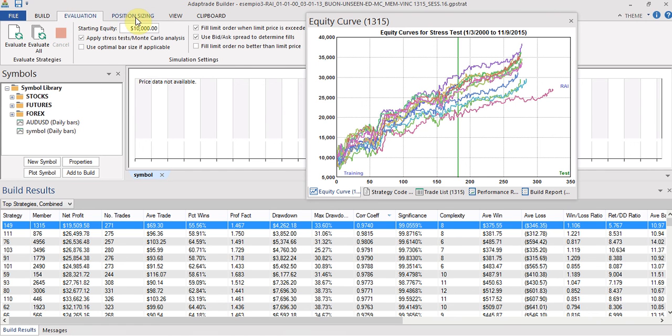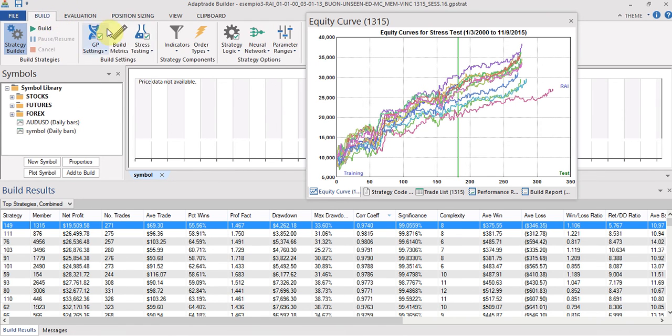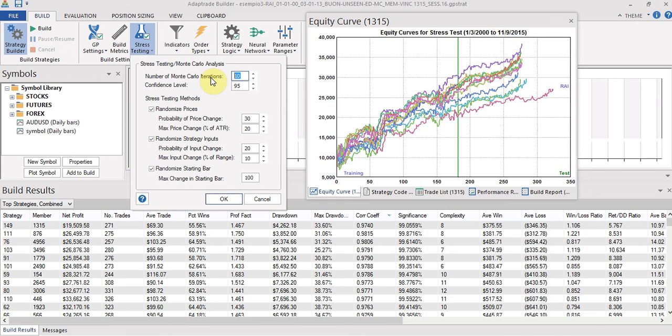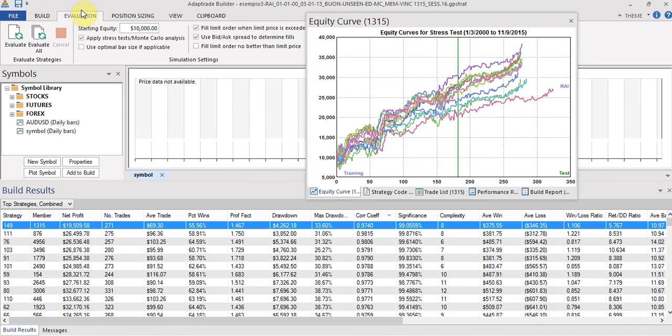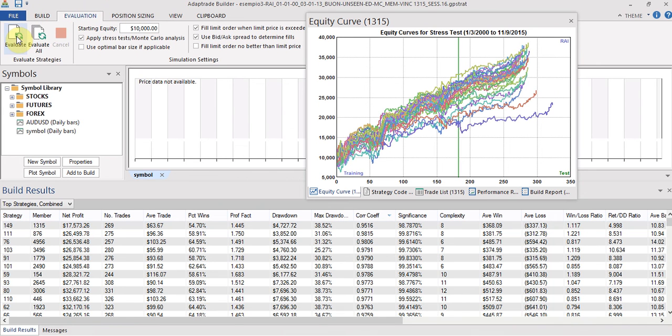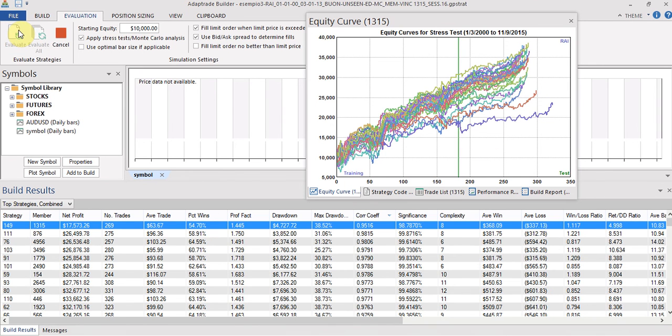We might decide to make the stress test even a bit tougher, and let's see what happens. You see, even the equity lines are pretty close to each other. Maybe it's not the best one, but this is already a good candidate.